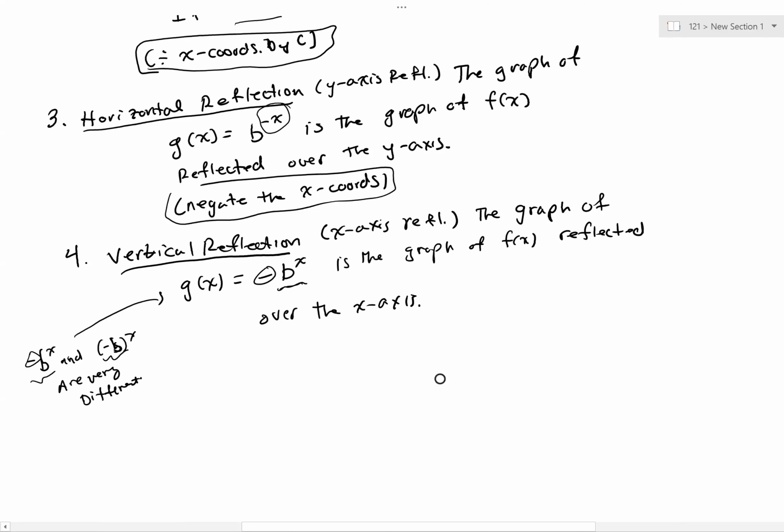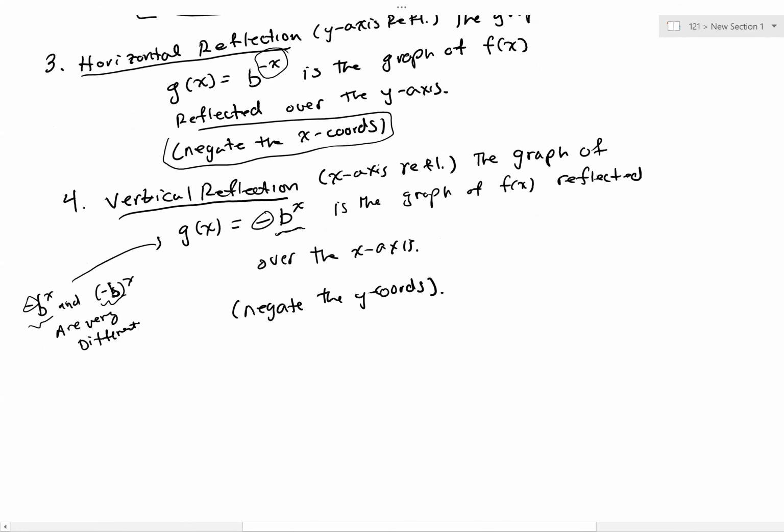That means we're going to negate the y-coordinates, keeping the x-coordinates the same. So for example, just really quick, if the point (2, 7) was a point on the graph of the original function, we would keep the x-coordinate the same and negate only the y-coordinate.